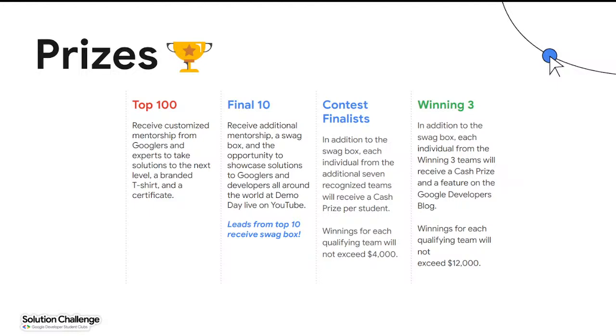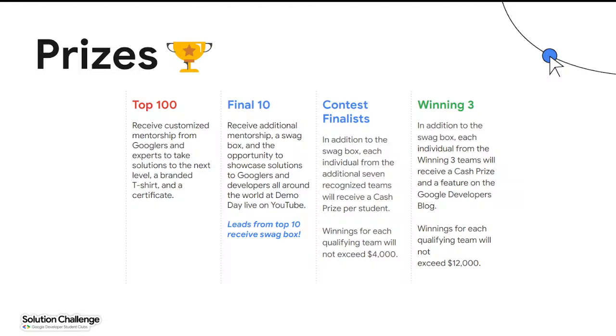So the contest finalists not only get these perks, but would be winning a cash prize of around $4,000, not individually of course, it's the qualifying team which would be getting around $4,000. That is the top 10 finalists. Moving on, the winners would be chosen out of these people who would be having their Demo Day live on YouTube.